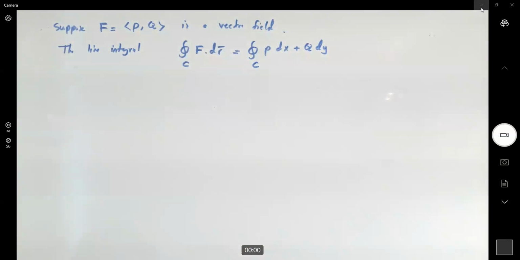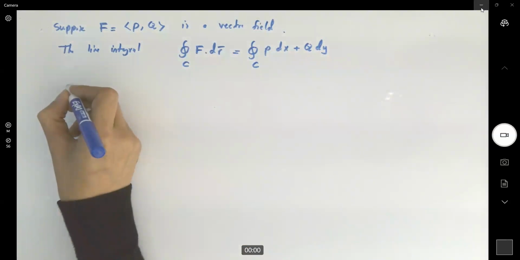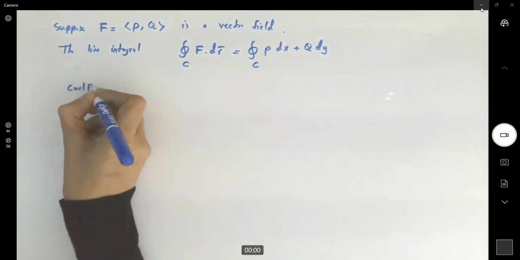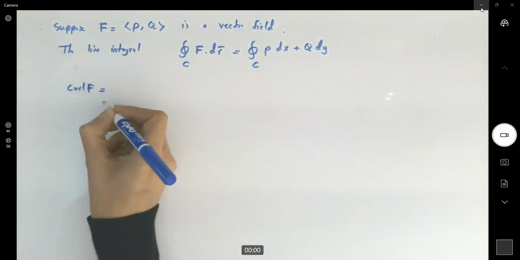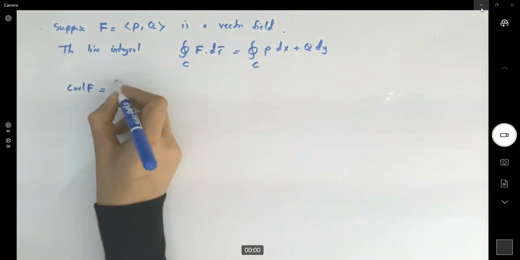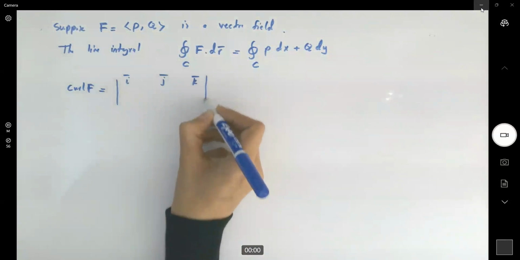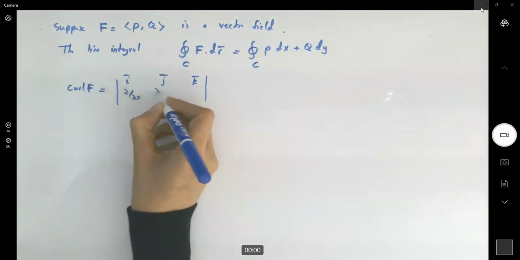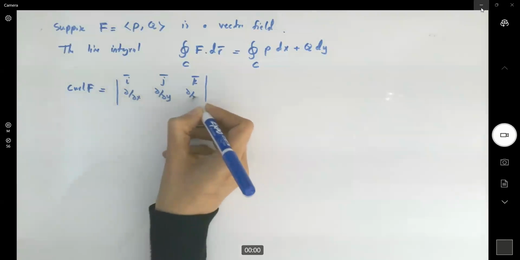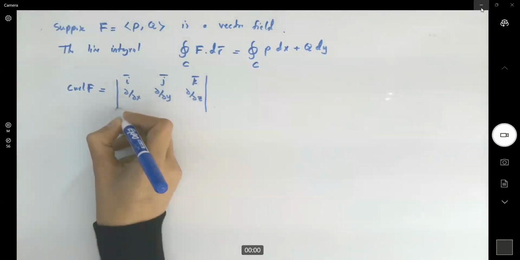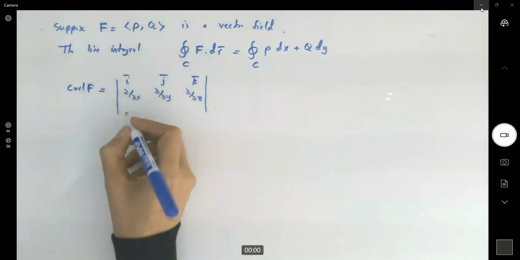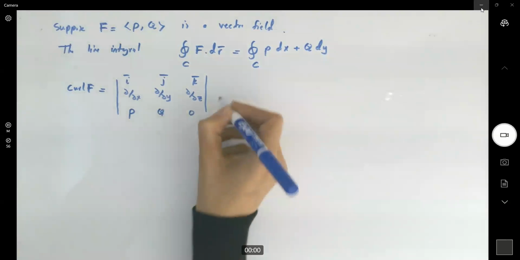And then remember that we defined the curl of F as follows. Curl of F is defined as the determinant of I, J, and K, partial derivative with respect to X, partial derivative with respect to Y, partial derivative with respect to Z, of the components P, Q, and the last component is just 0.